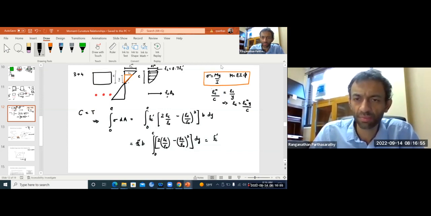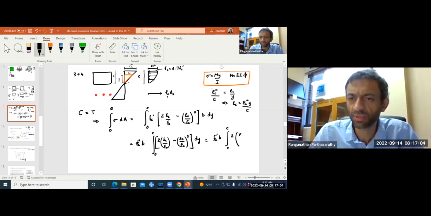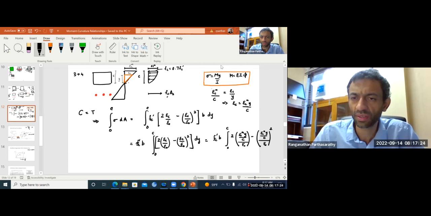Fc prime b two times. So epsilon c is epsilon cm y over c over epsilon naught, minus epsilon cm y over c by epsilon naught square, dy, right?